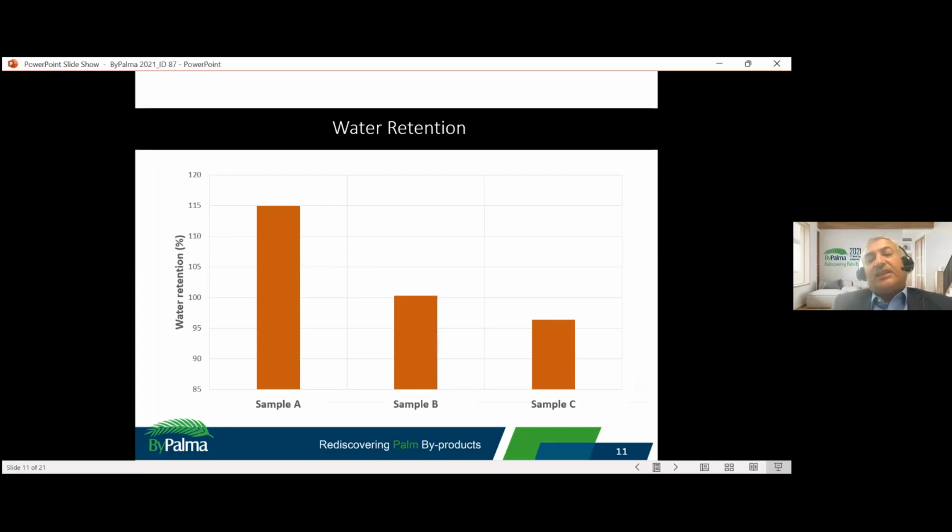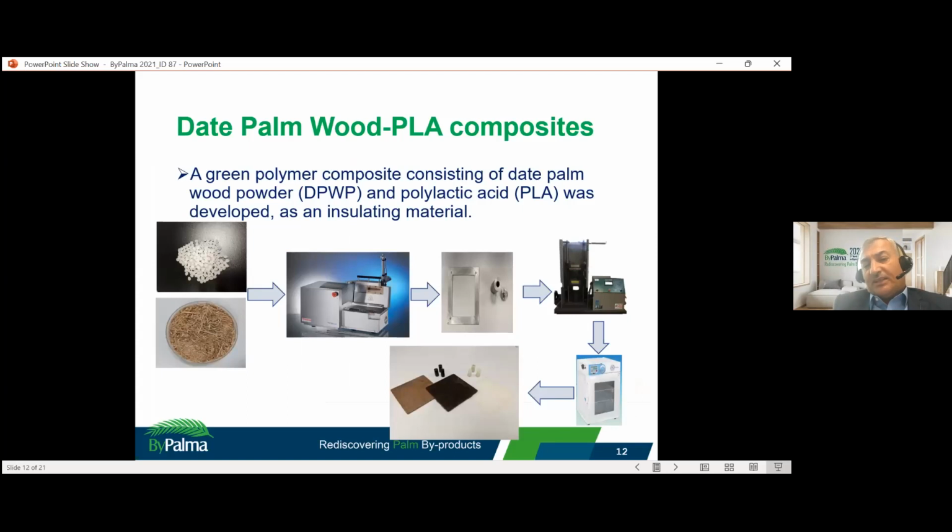The second approach that I will share with you is in terms of composite materials, where we need to utilize the date palm fibers in green composite materials. Therefore, we have selected polylactic acid as the polymer matrix. We mixed it with different percentages of date palm fibers, from 10% to 50%.